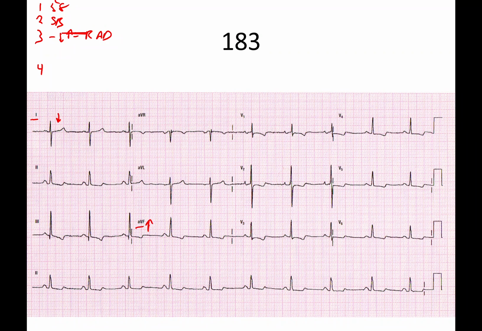It's not as small as AVR, but it really is well balanced. So let's say ISO lead 1. If we do our circle, lead 1 is here, AVF is here, we're supposed to be in the right axis deviation. That's going to give us a positive 90.